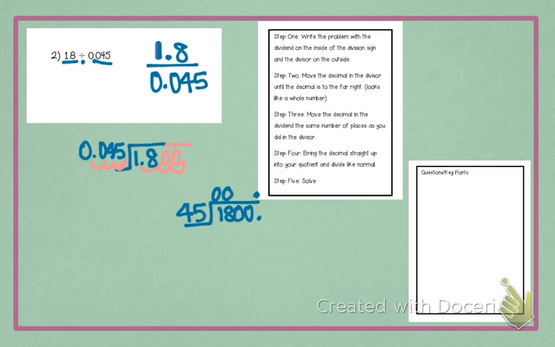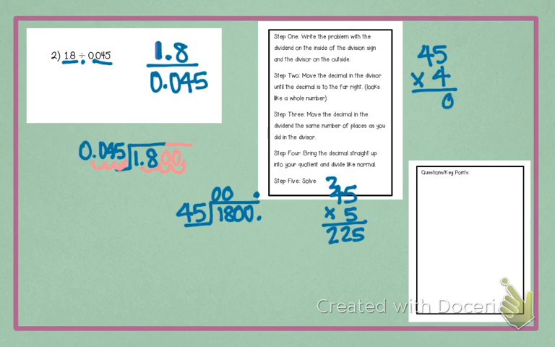So we go off to the side and try a number. Let's try 5. 5 times 5 is 25. 5 times 4 is 20. Plus 2 is 22. That's too much, so we want to write a different number. 45 times 4. 5 times 4 is 20. 4 times 4 is 16.